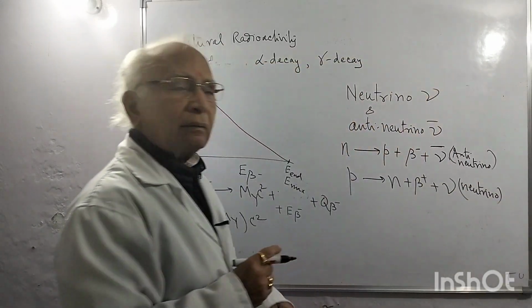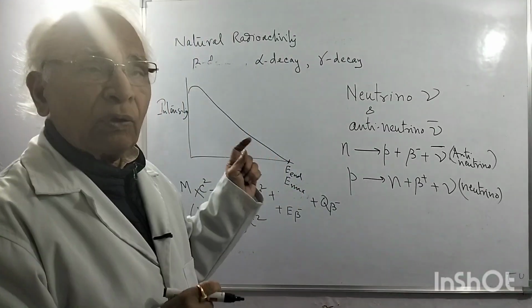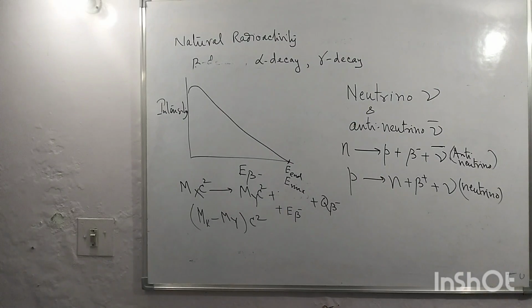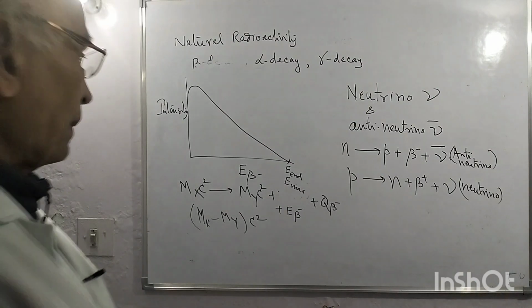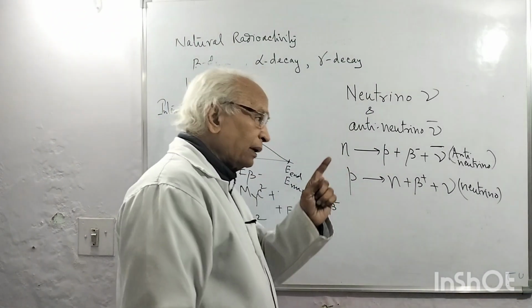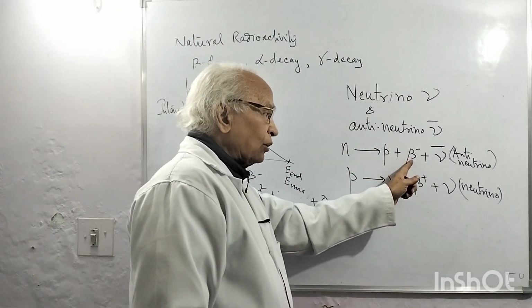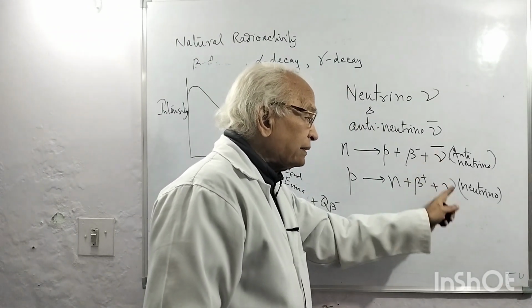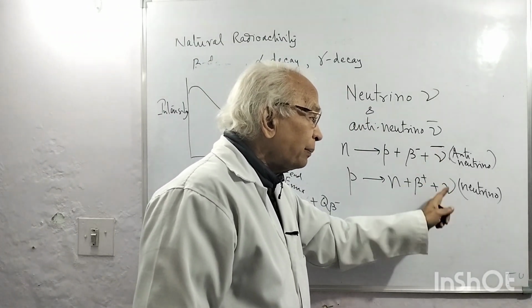So remember this particle emission of neutrino and antineutrino. It is observed that the natural beta decay is not simply emission of a beta particle, but some other particle also. And this is a typical, special particle.